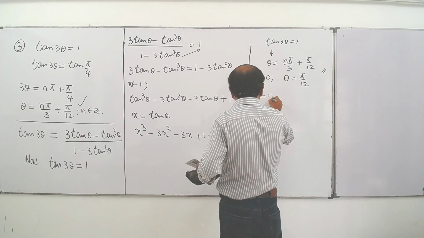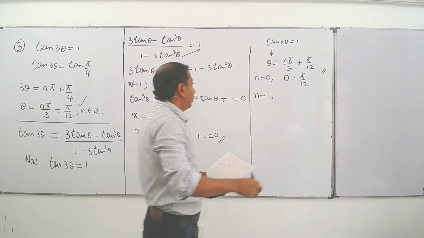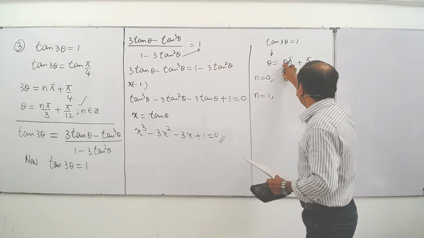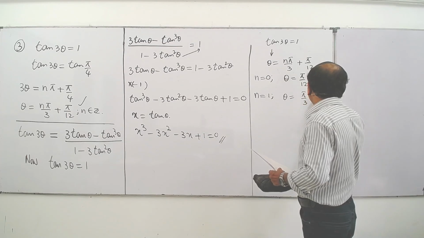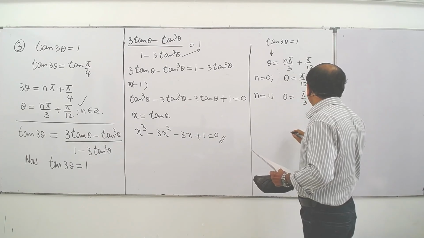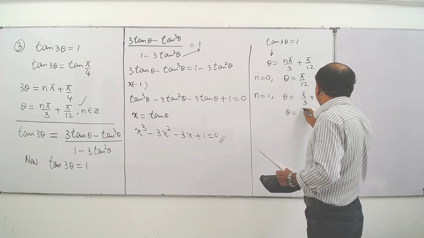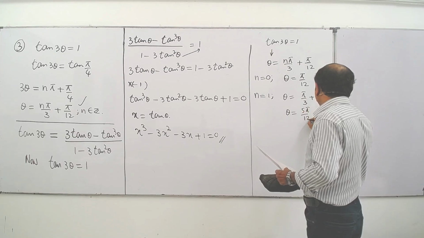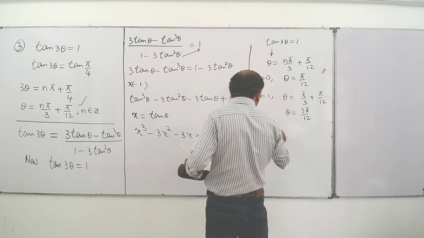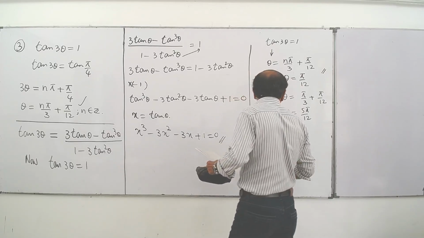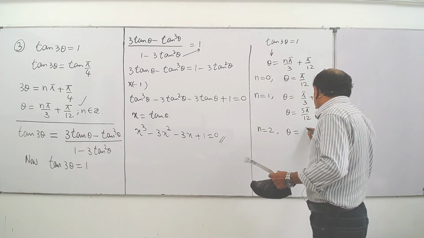Now n equals 1, we can put. When you put n equals 1, we get theta equals pi by 3 plus pi by 12, which is 5 pi by 12. Now put n equals 2. When you put n equals 2, we get for theta 3 pi by 4.